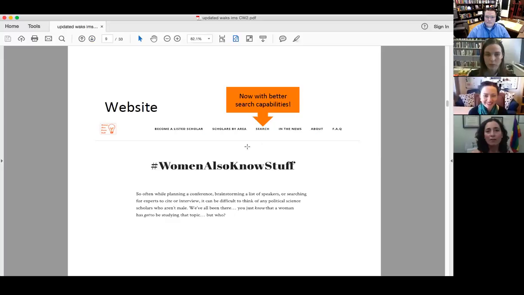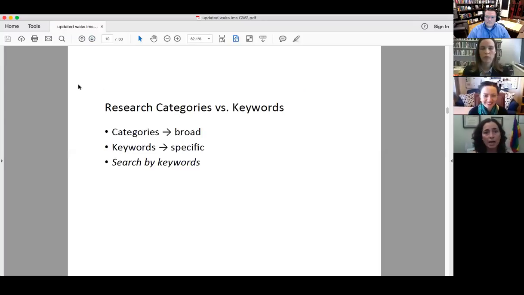And we have all of these wonderful aspects of the website, an ability to add yourself as a scholar, which you can only do yourself, you can't add others, but more for everybody is the search option, where you can search for people. You know, if you're looking for someone to explain to you what just happened with that election we just had, you would go here and search for an expert. So most of the time when people upload their profiles, they're including which categories of political science they cover, and then specific keywords that describe their research.